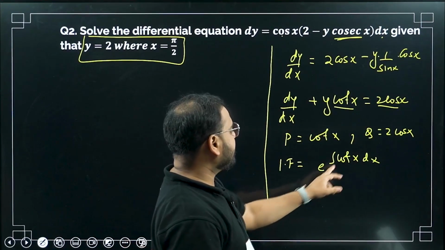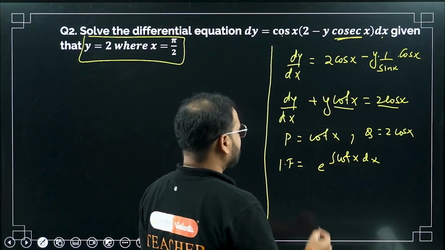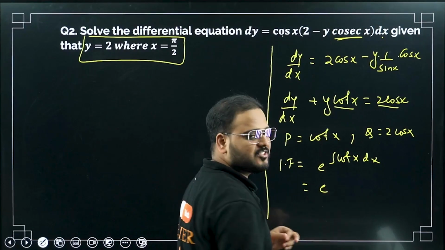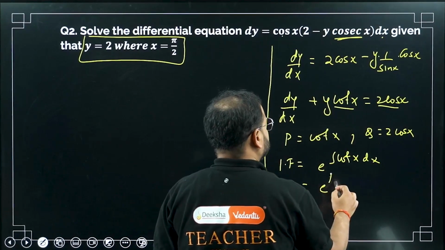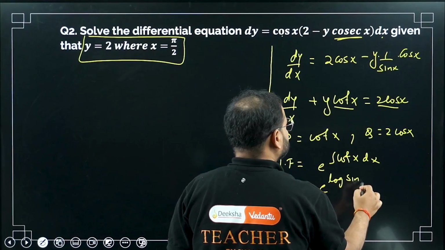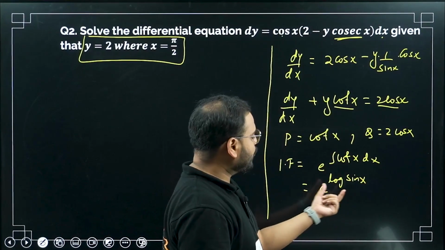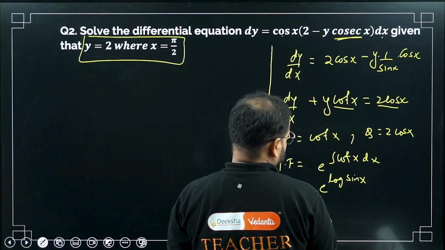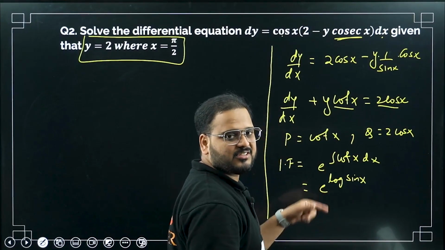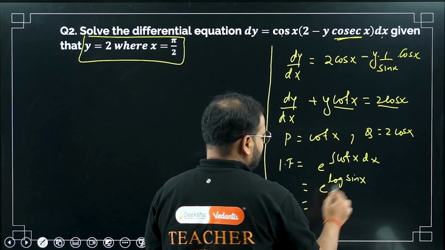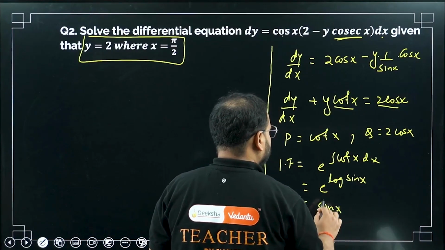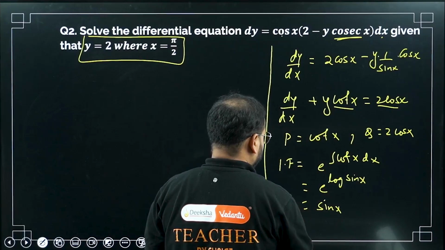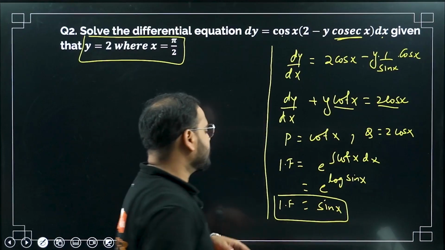The integral of cot x is log sin x. If you don't know, just differentiate log sin x and you'll get cot x. e power log are inverse functions, they negate each other's effect, so it becomes simply sin x. My answer is IF equals to sin x.